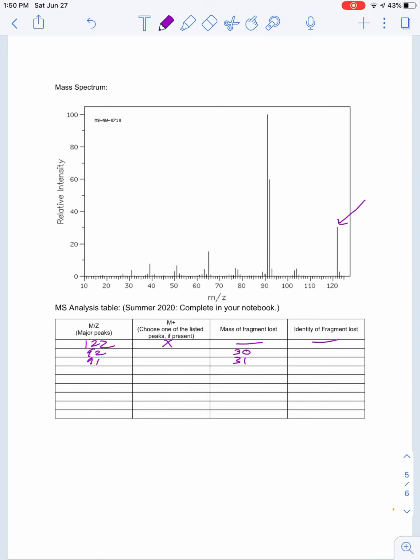So if you were to look at this, you can add up a number of atoms together from a structure in order to get that. So 30, probably CH2O. CH2 is 14, oxygen is 16, and maybe here CH3O. Do you have to identify the exact fragment? No, you do not.